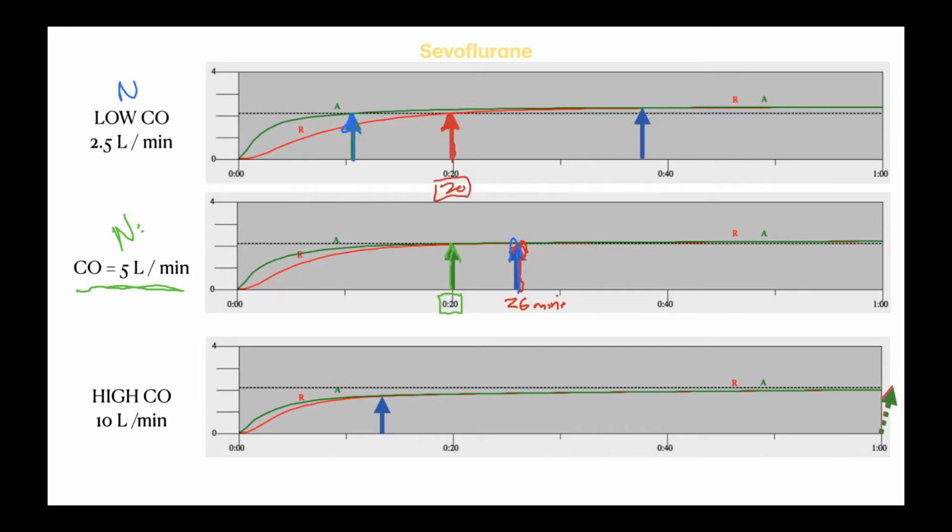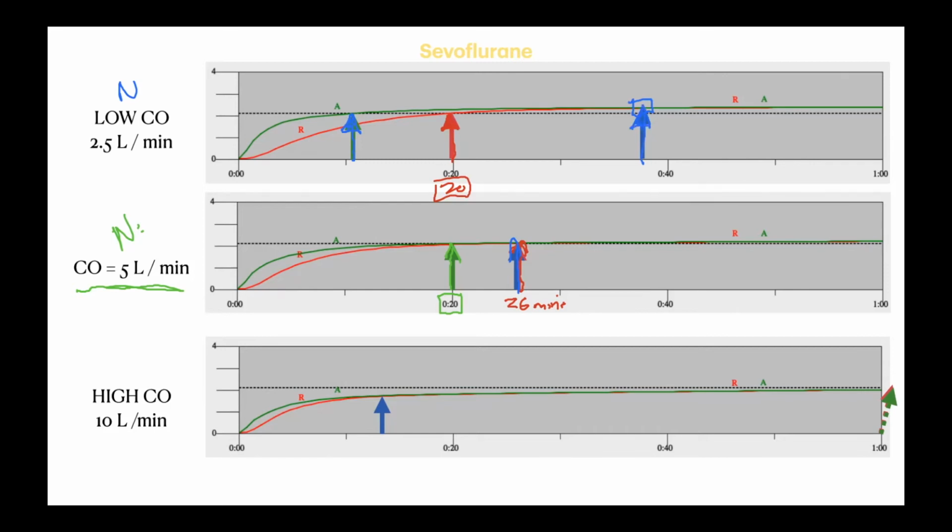And I think that's why the conclusion is that a low cardiac output is associated with a faster wash-in and a faster onset. But the big difference here is that when you look at the equilibration, it happens much, much later on.